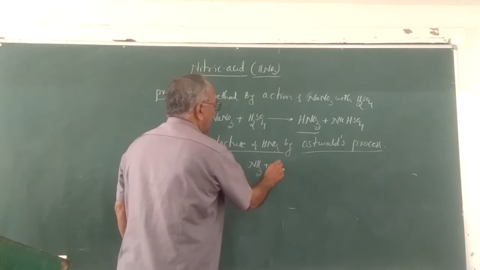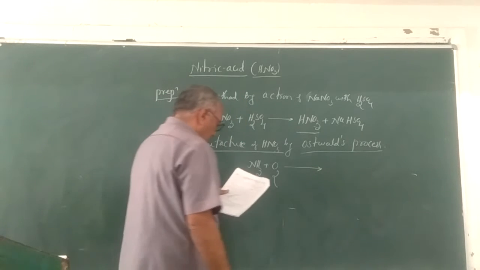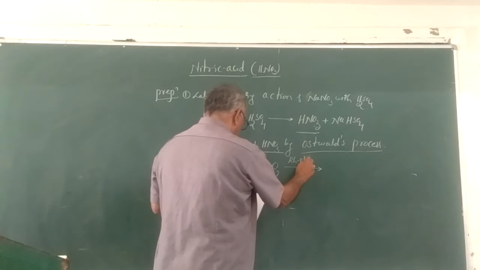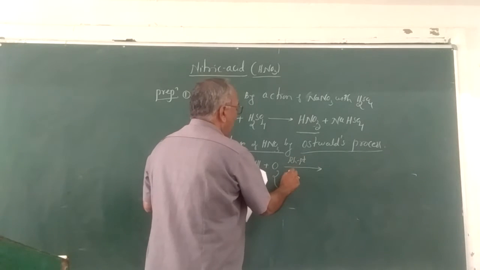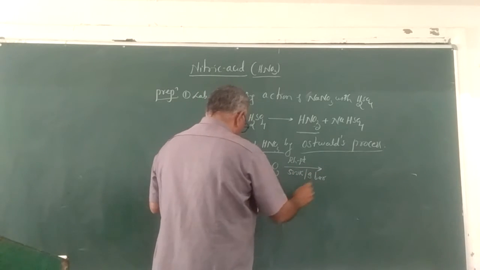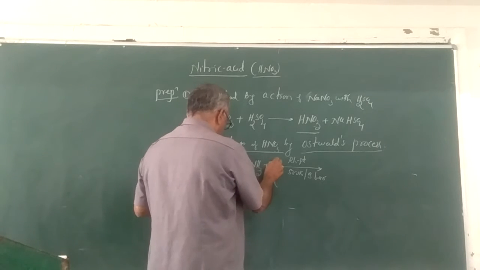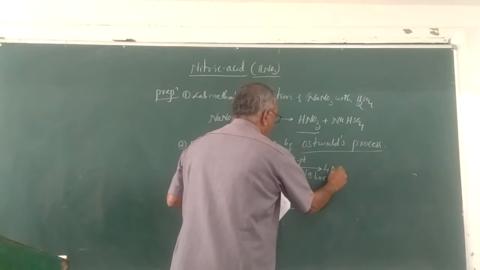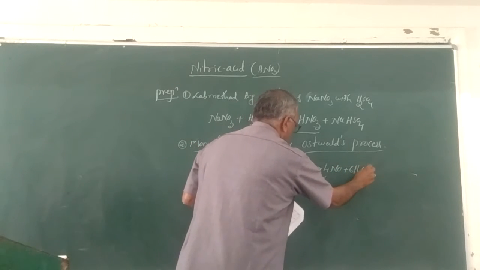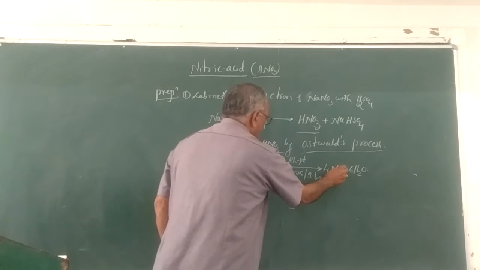The ammonia is oxidized in the presence of rhodium platinum catalyst at 500 Kelvin under 9 bar pressure, which leads to the formation of nitric oxide and water.